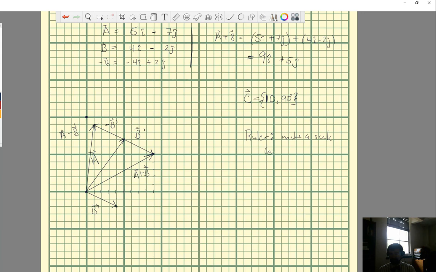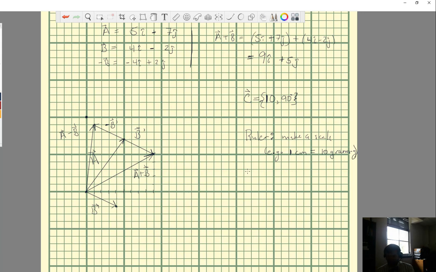For example, you might say 1 centimeter on the ruler is equivalent to, well, in today's lab, we're doing stuff in units of kilogram or gram. So maybe we'd say 1 centimeter is equivalent to, say, 10 grams, okay, etc.